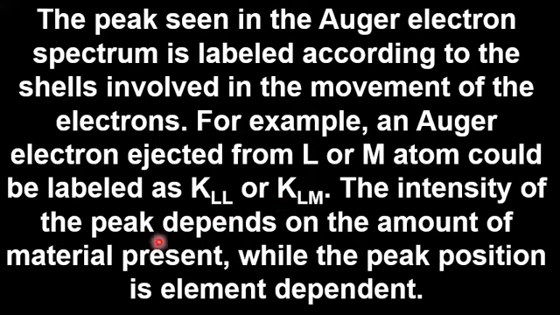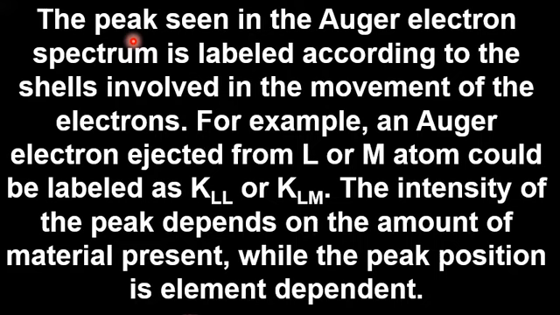The intensity of the peak depends on the amount of material present, while the peak position is element dependent and will determine what kind of element is present in the material. So if I conclude, in Auger electron spectroscopy you observe the peak of emitted Auger electrons.